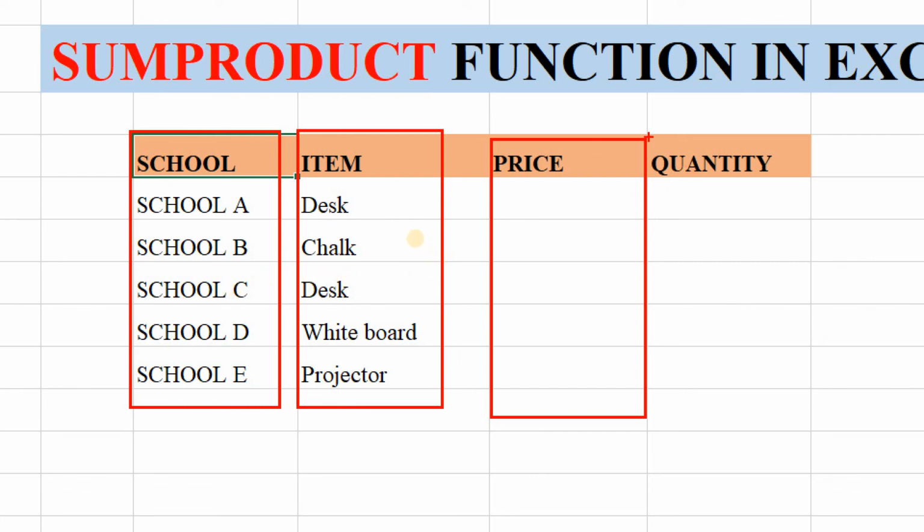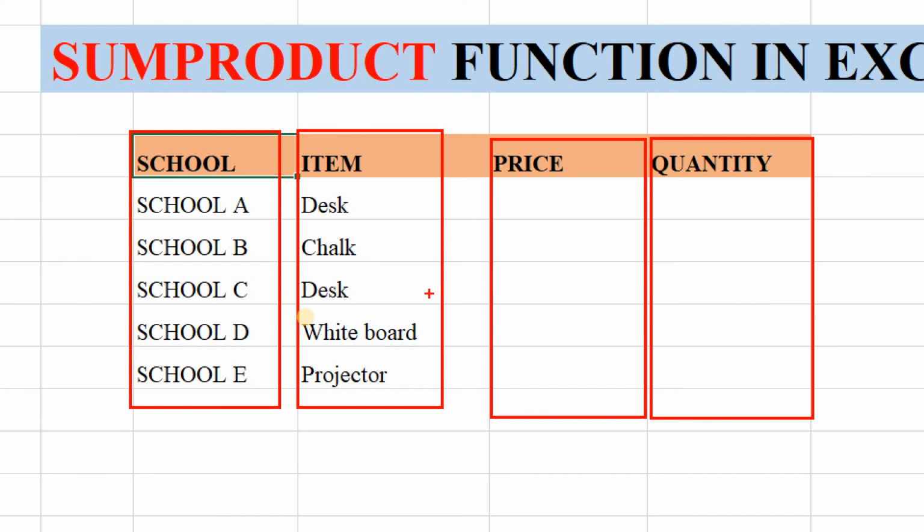And in this column, you see we have quantity. If school A has bought desks, how many desks? Maybe it's 200 desks or 400 desks or 50 desks. How many whiteboards did school D buy?